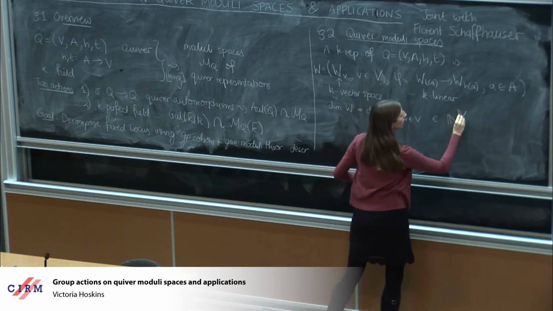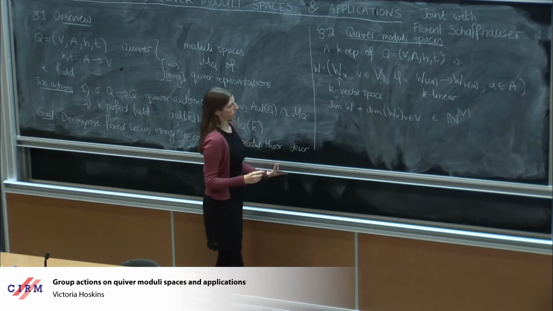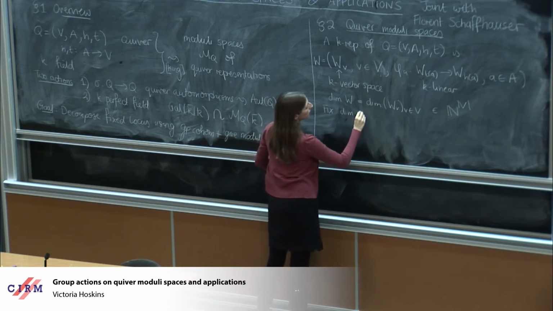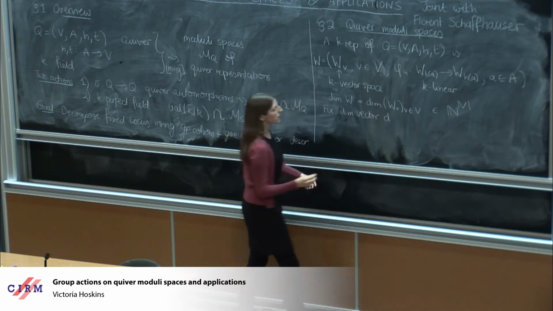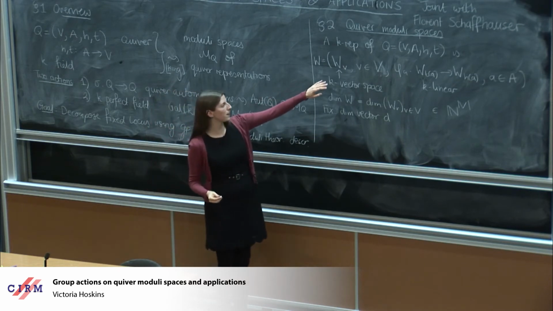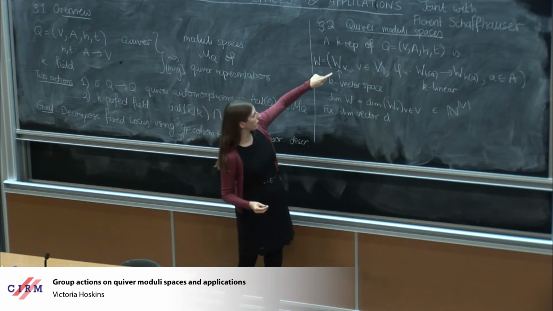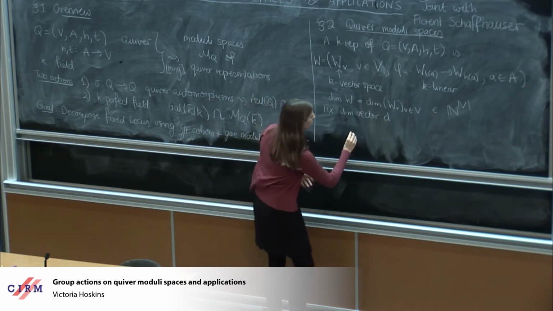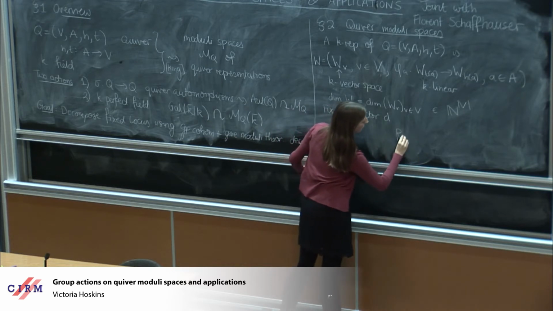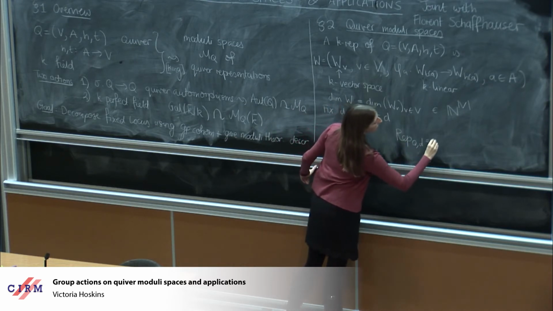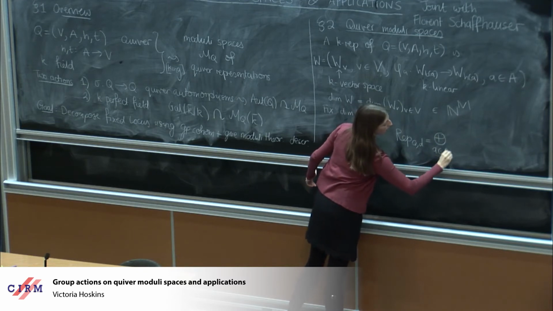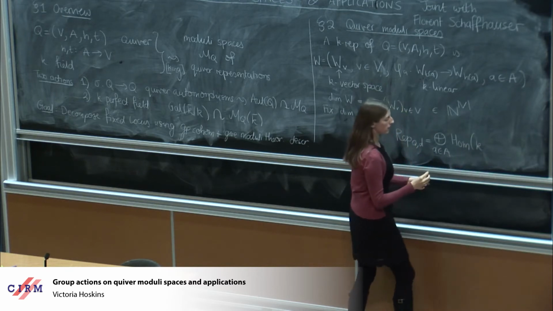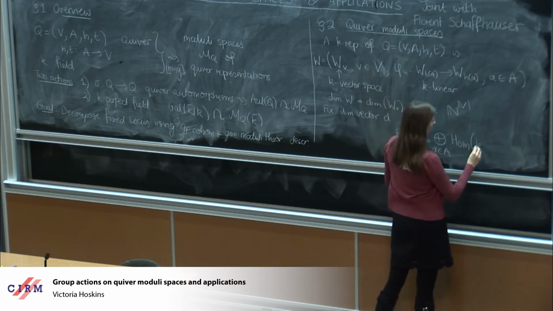So let's fix a dimension vector d. Then if W has dimension d, we can choose an isomorphism between the vector space over vertex v and the standard vector space, and this determines for us a point in an affine space, which is just the sum over all arrows of Homs from the standard vector spaces over the corresponding vertices.